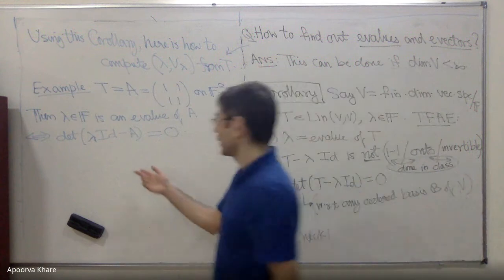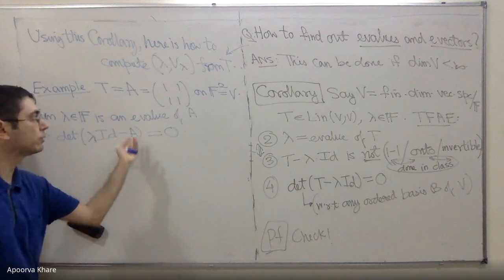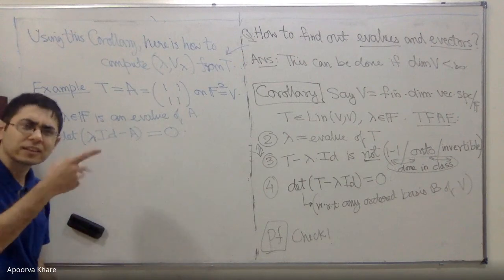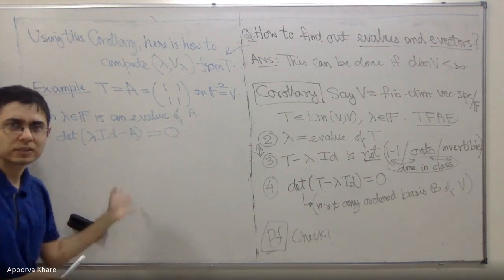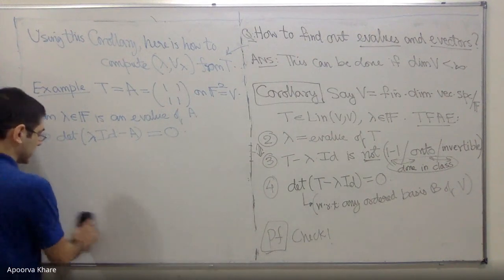Why? Because the expansion of this, you can check, is equal to the determinant of A minus lambda identity, up to a factor of plus or minus 1. That's also not hard to check. That's obvious actually, but fine.